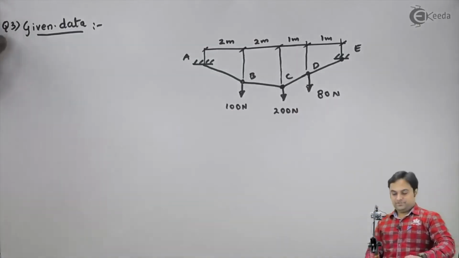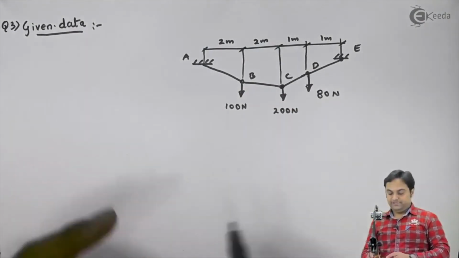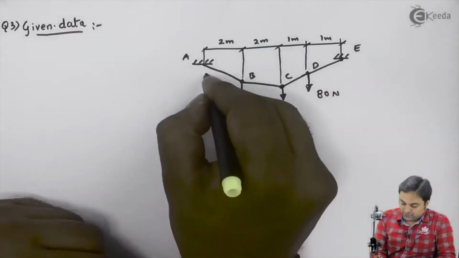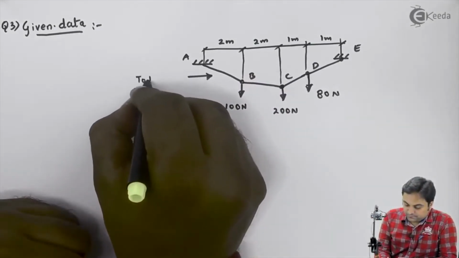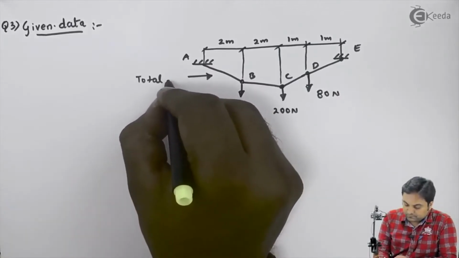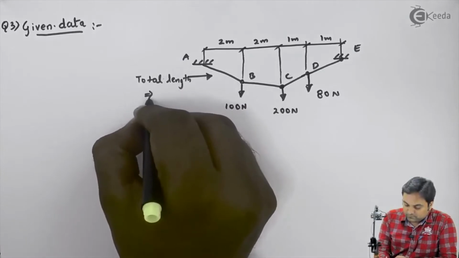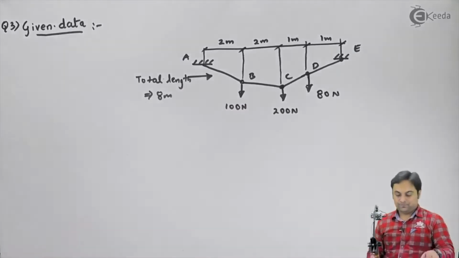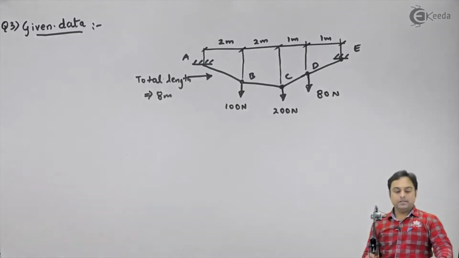Here the diagram is given of the string whose total length is 8 meter. Now, over this, at points B, C and D the load is applied.